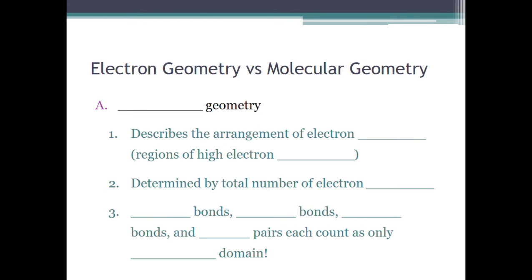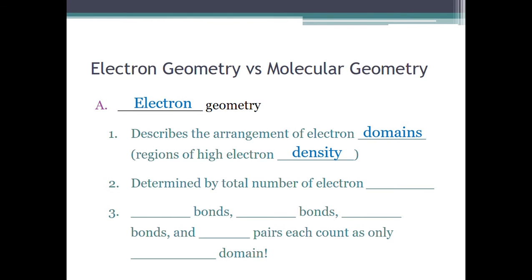All right, there are two types of geometries we need to learn about. There is electron geometry, which describes the arrangement of electron domains or regions of high electron density. Just the places around your central atom that you can find electrons, be those bonds or lone pairs, those are electron domains.